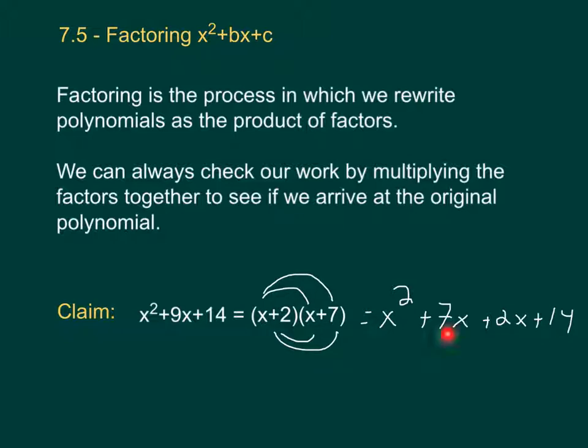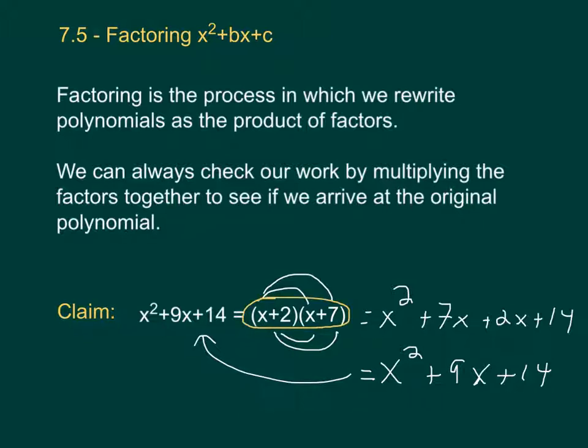Then certainly I have two terms in the middle that are like terms that can be combined, and I end up with x squared plus 9x plus 14, which is what I started with. Because these are the same, that means that I had originally factored correctly. X plus 2 times x plus 7 is the factored form of the polynomial x squared plus 9x plus 14. Now it's time to learn how we arrive at that solution.